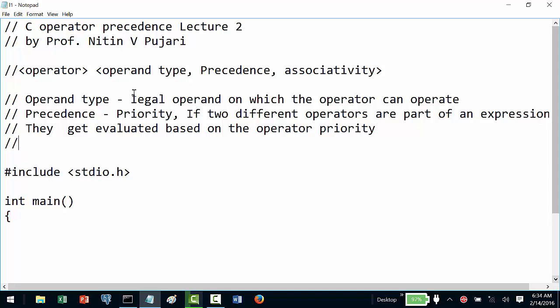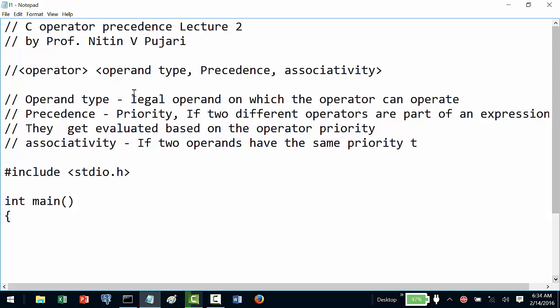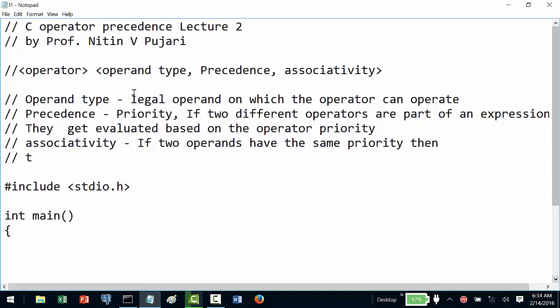If you look at associativity, the meaning of associativity is if two operators have the same priority, then the order of evaluation is decided based on its associativity.